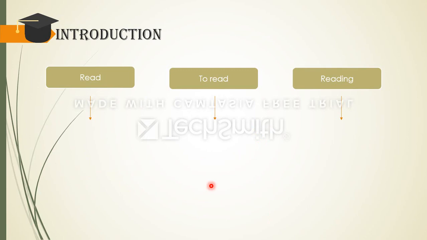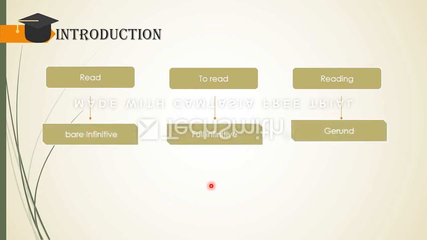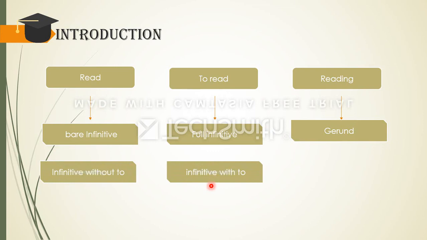First of all, I would like you to have a look at this verb. We all know the verb read. When I speak about this verb, it can take different forms. We can have the verb alone, isolated, and this is called the base form, or normally we call it the infinitive, also called the infinitive without to.